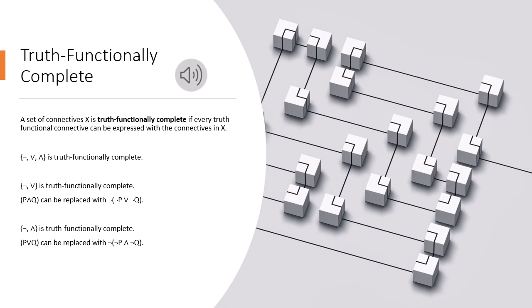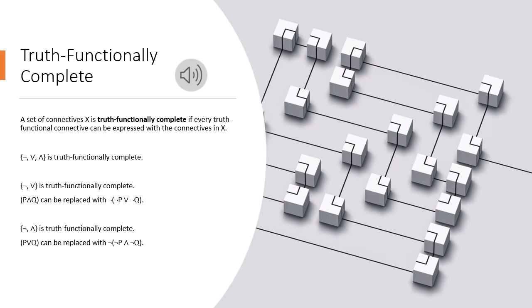And again, that's that algorithm expressing the sentence in DNF or CNF format. And that shows us that whatever truth functional connective we started with, we could write it down using these three symbols.